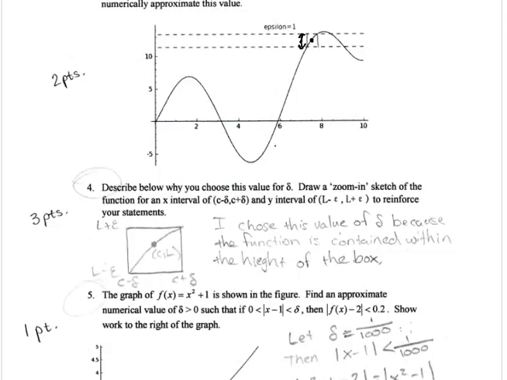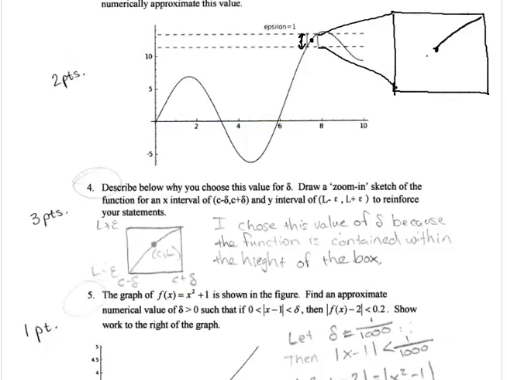What I mean by that is if we were to zoom in on this picture, if I choose the width of my box, every single value of the function is guaranteed to be above or below that value.